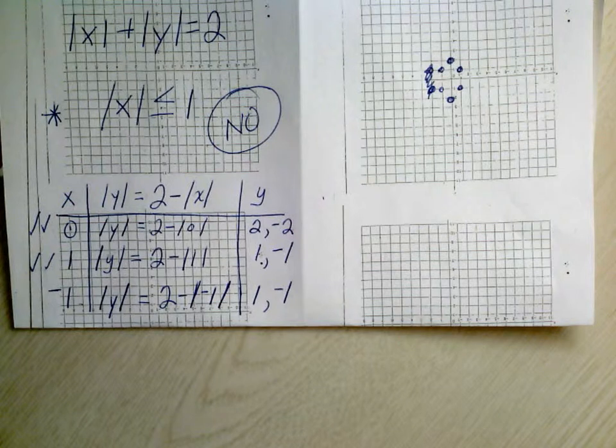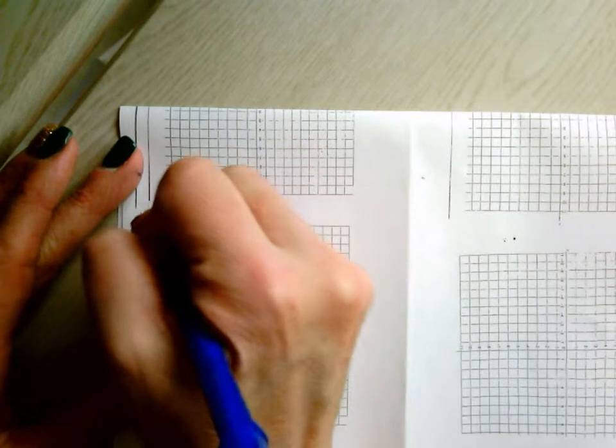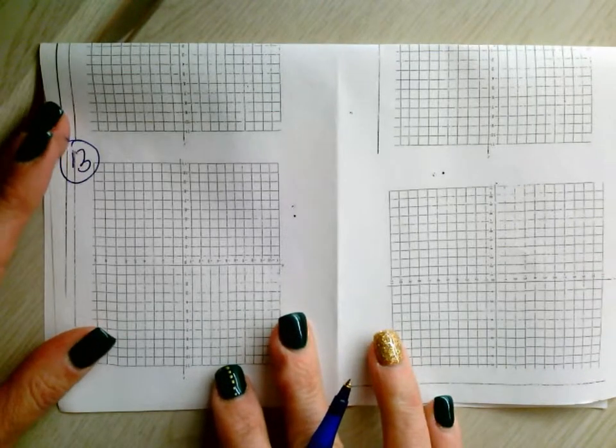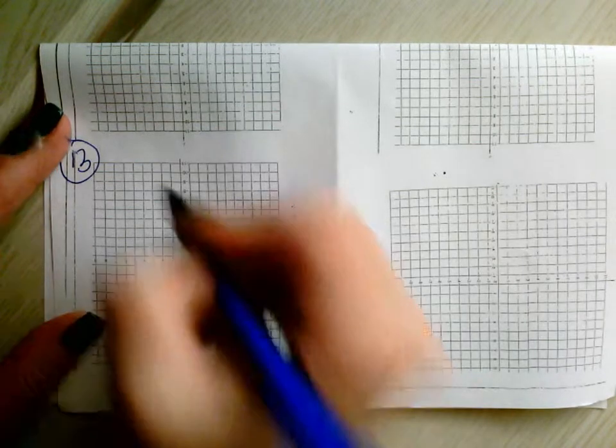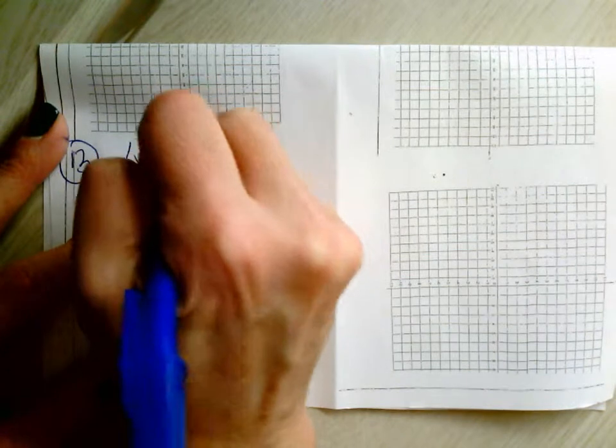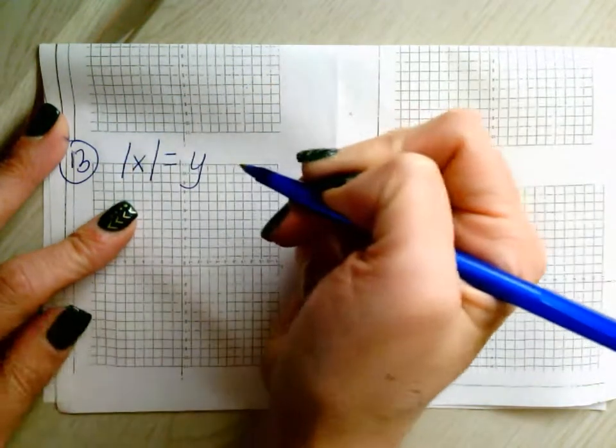That's number 11. Try number 12 on your own. Circle number 12. Let's do number 13. Number 13. And I'm going to quit here. Okay. It tells us the absolute value of x is equal to y.